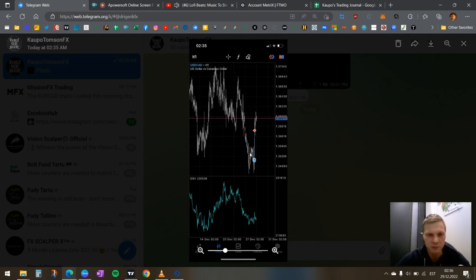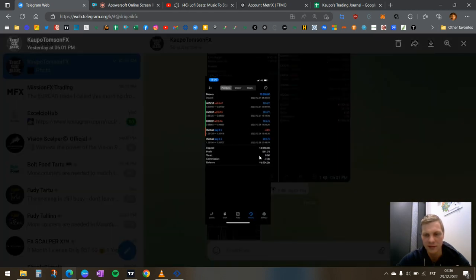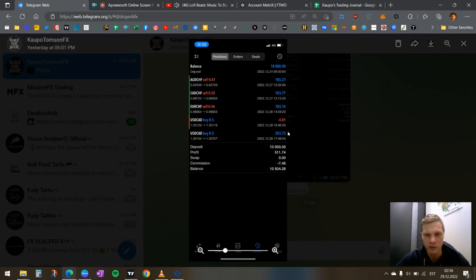And why it is that much in profit, like 1 to 2, is because I entered this trade from my phone in my car while I was going to drive the career partner business. And for some reason, I fumbled a bit and I placed a stop loss instead of a take profit.